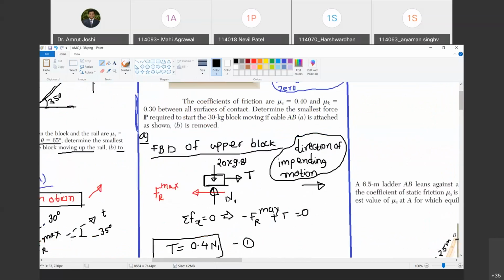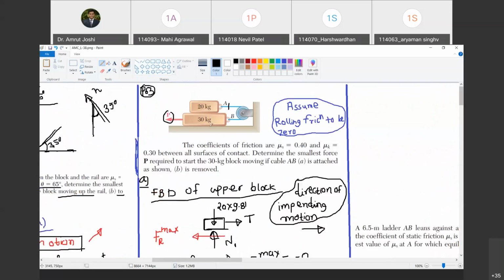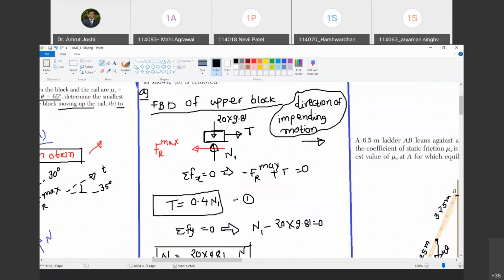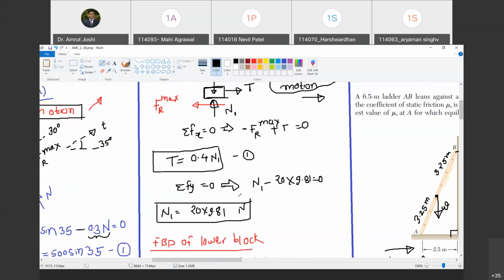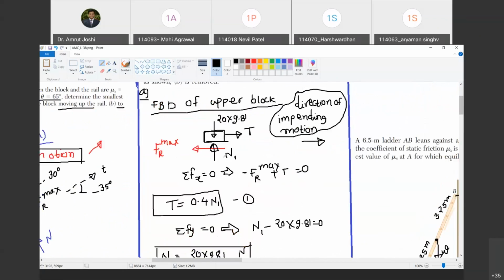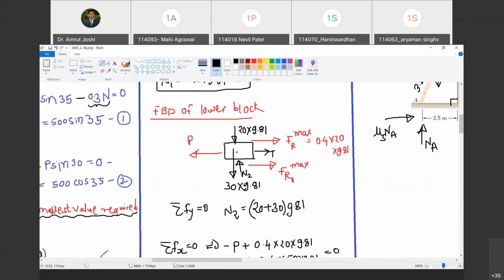Now, if block of 30 kg is applying reaction N1 on block of 20 kg, the block of 20 kg must be applying a force of same magnitude but opposite sense on block of 30 kg by Newton's third law. Do you agree with me? Yes, sir. What is N1? 20 into 9.81. So that needs to be shown with the reversal of direction. Here N1 is upward. Here N1 is going to be downwards. 20 into 9.81. Do you agree with me?